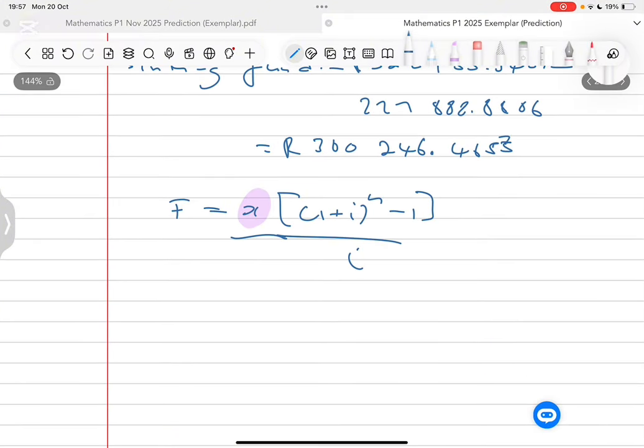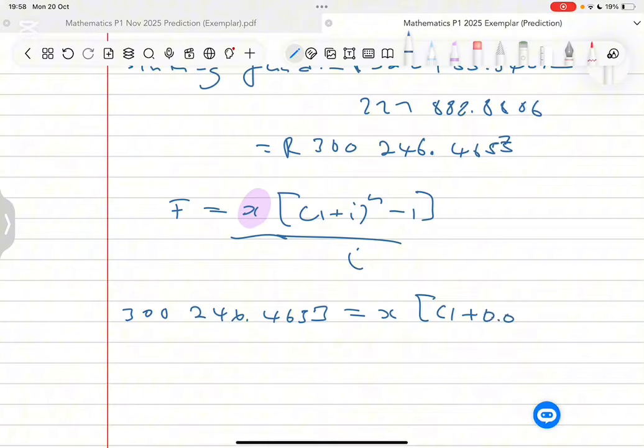So now I'm going to have 300,246.4653, and this is equal to x times 1 plus 0.042 to the power 10 minus 1, and this is all divided by that interest.